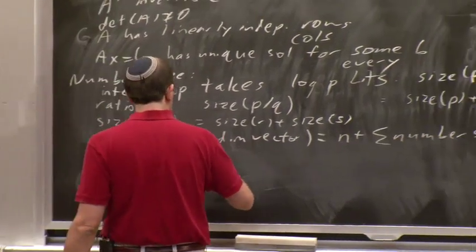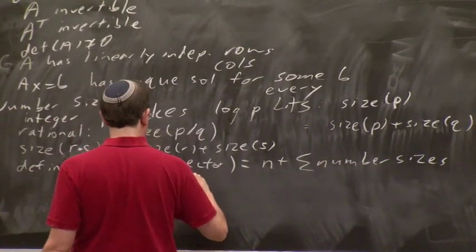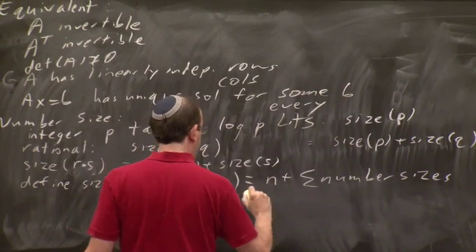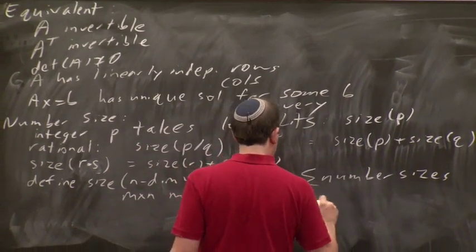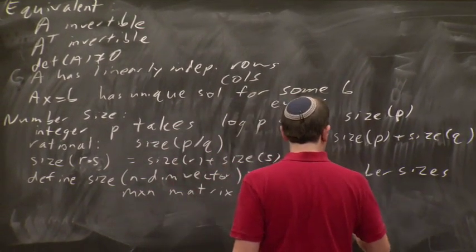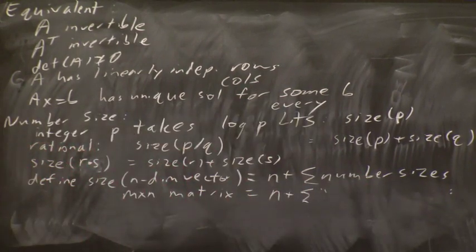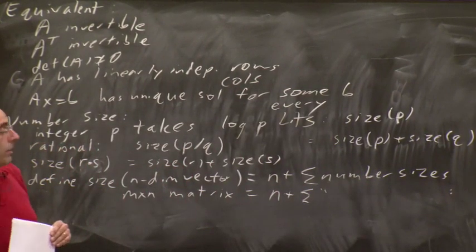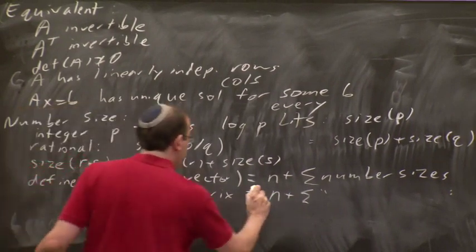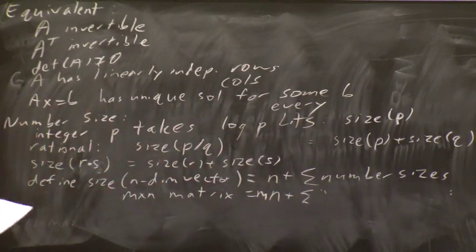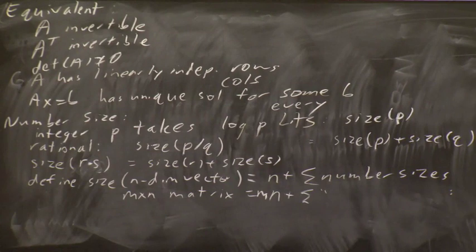And similarly, for an m by n matrix, we define that to be m times n plus the sum of the number sizes. Oh, I'm sorry, m times n.